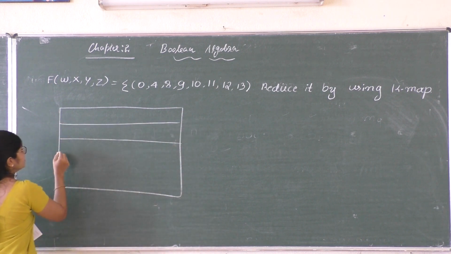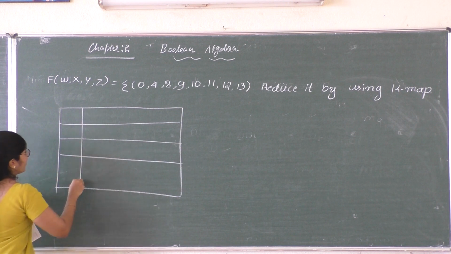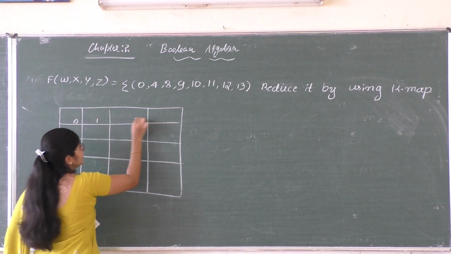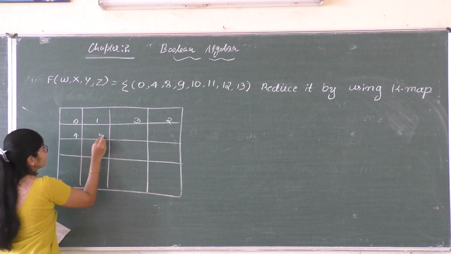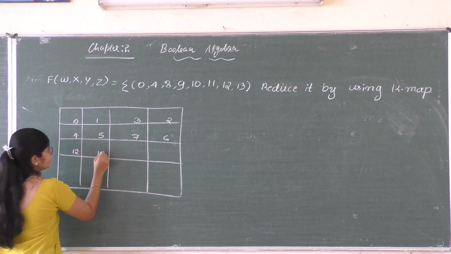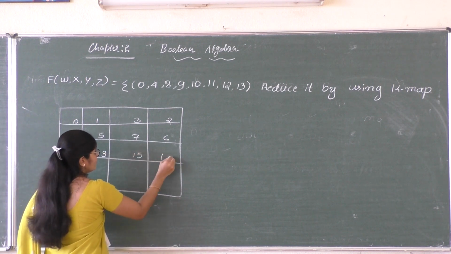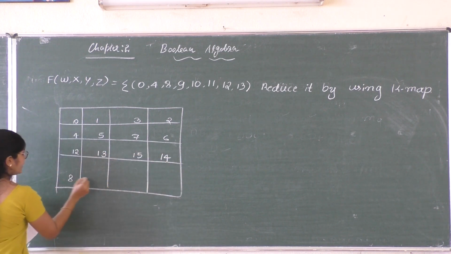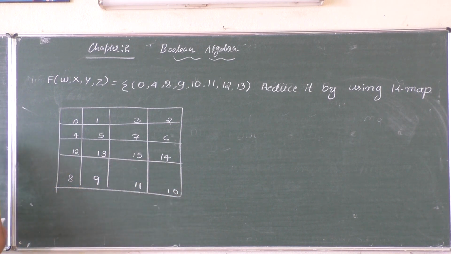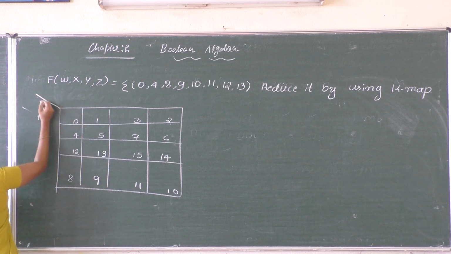So there would be 16 squares in the K-map. Square numbers are 0, 1, 3, 2, 4, 5, 7, 6, 12, 13, 15, 14, 8, 9, 11, 10. Variables are w, x, y, z.